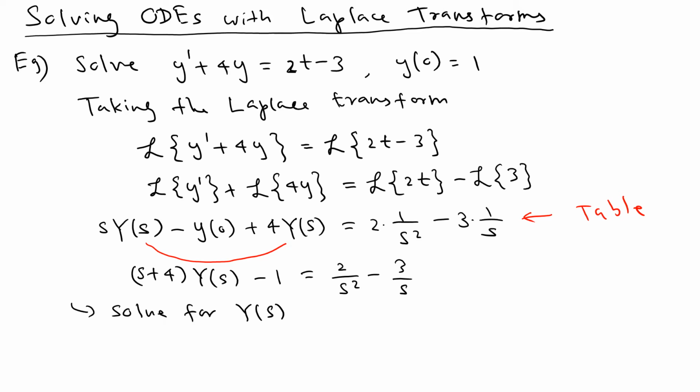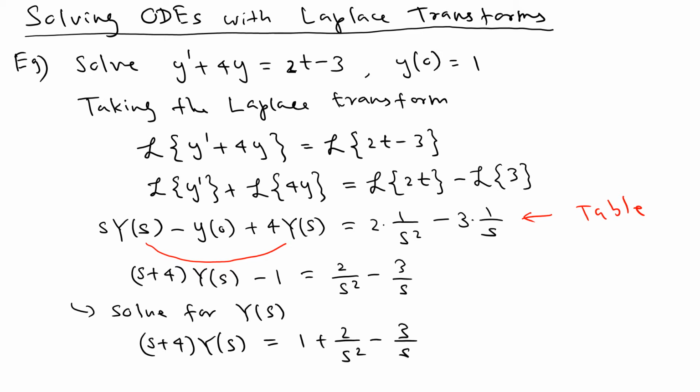So let's do that first. If you bring 1 to the other side, we're going to have (s plus 4)Y(s) equals 1 plus 2 over s squared minus 3 over s.